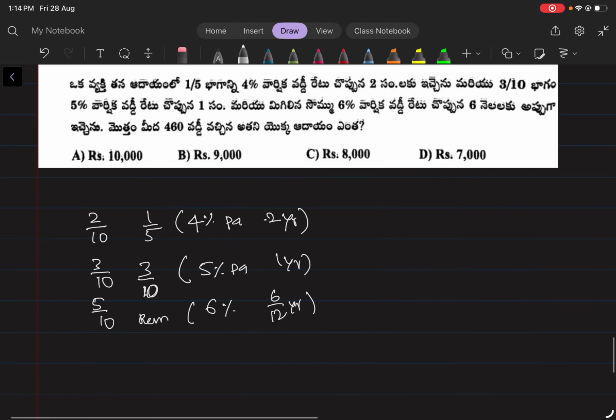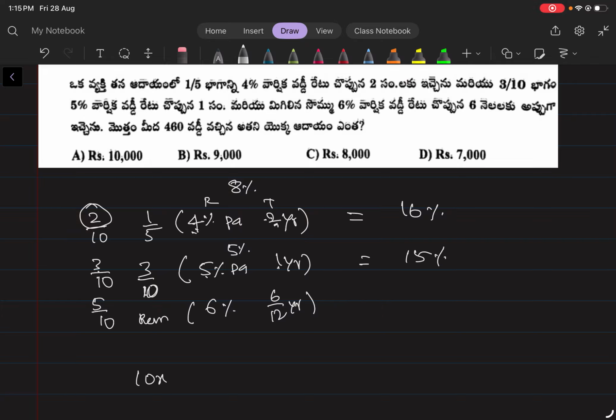If the total amount is 10 parts, 2 parts of the amount are at 4% for 2 years. That means this is the time period, this is the rate of interest, so that is 8%. 8% for 2 parts is 16%. 5 into 3 is 15%. 6 into 1/2 is 3%, and 3% into 5 is again 15%.